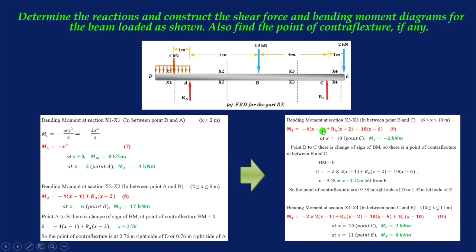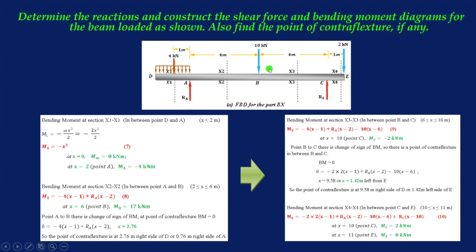The bending moment direction is anticlockwise, which means negative. Again RA into x minus 2, as this is equal to 2. So from here to here it is x minus 2. Under the action of this force it is moving up, meaning clockwise direction, so it is positive, as it is the clockwise movement of the beam under the action of the RA force. So RA into x minus 2. The third force is 10 kilonewton.